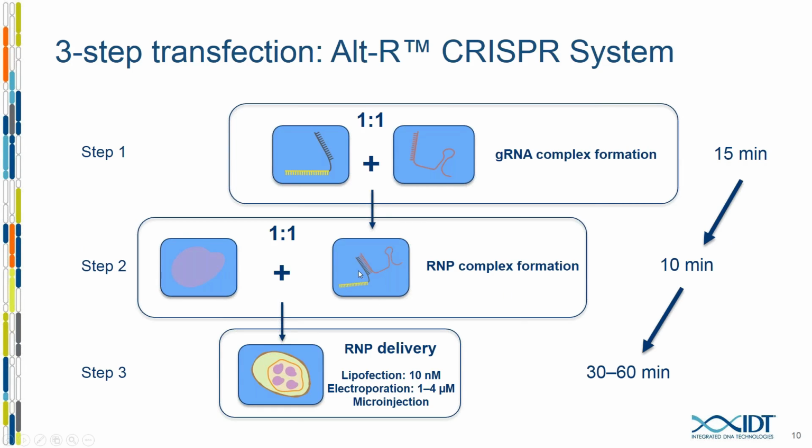And these form that ribonucleoprotein complex very readily, so these steps don't take long at all. At that point you have your active RNP, and you're ready to move on to delivery through lipofection, electroporation, or microinjection. Altogether, these steps typically take less than an hour, so it's a pretty quick experiment.